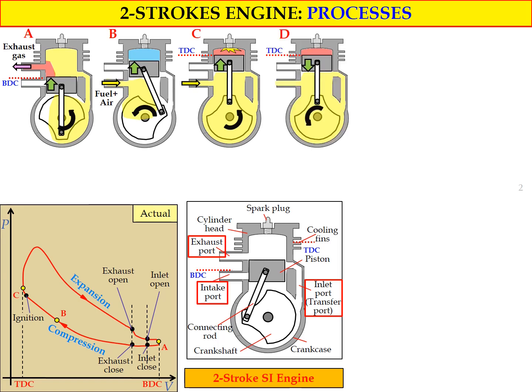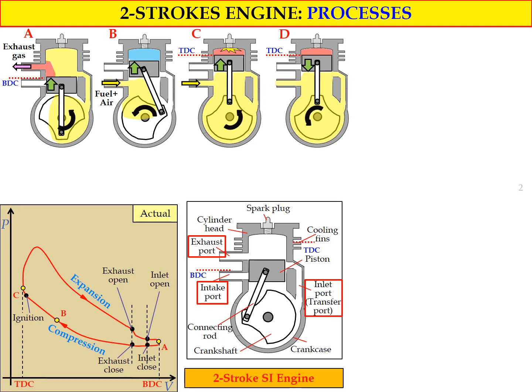Figure D shows the piston starting to move downward from TDC due to the high pressure and high temperature after the combustion process. So the piston will move downward, and still at this point the exhaust port is closed and the inlet port is also closed, and the intake port is open.